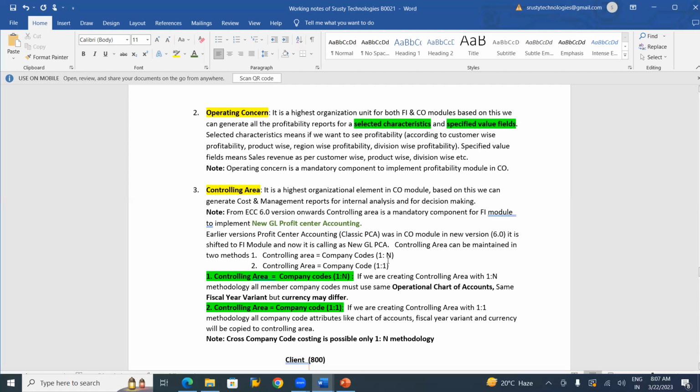Here we call it a 1:n methodology. Next one, controlling area equal to company code, 1:1 methodology. We'll discuss what is 1:n and 1:1. So write down first one: controlling area equal to company codes. I said company codes, within the bracket 1:n.